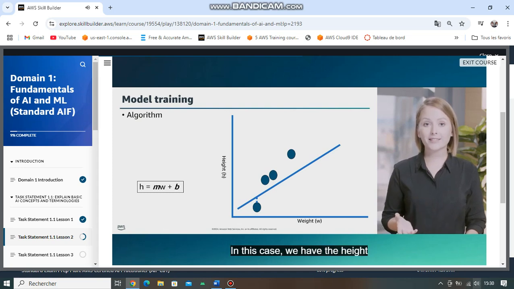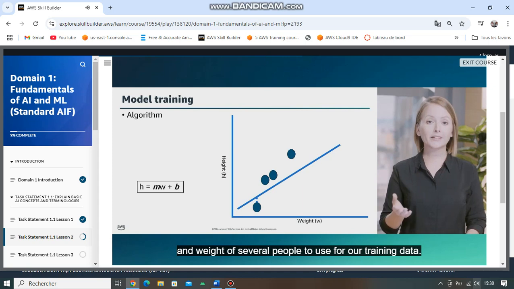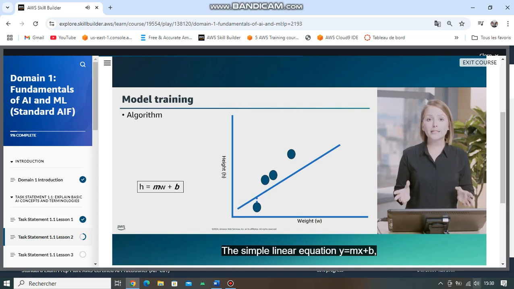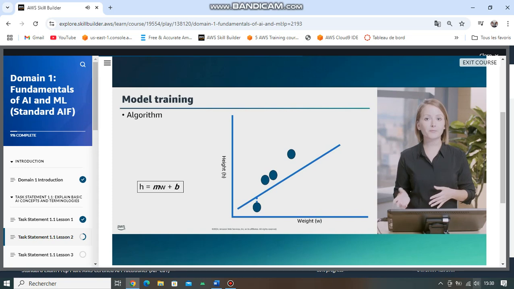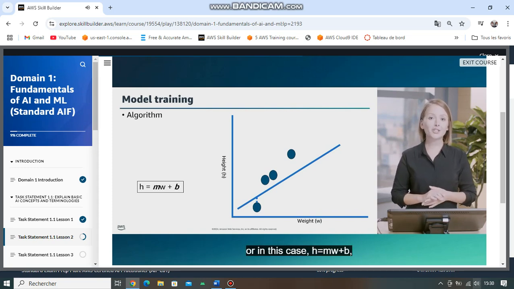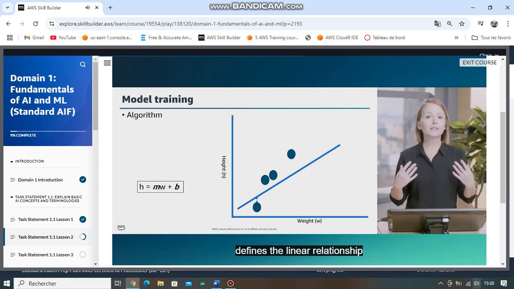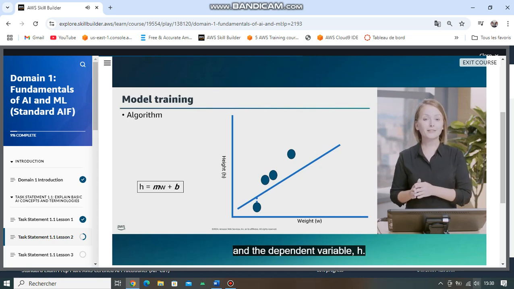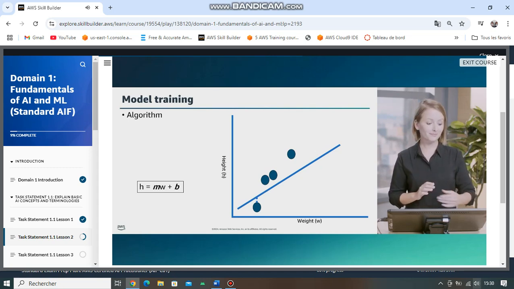In this case, we have the height and weight of several people to use for our training data. The simple linear equation y equals mx plus b, or in this case h equals mw plus b, defines the linear relationship between our independent variable w and the dependent variable h.